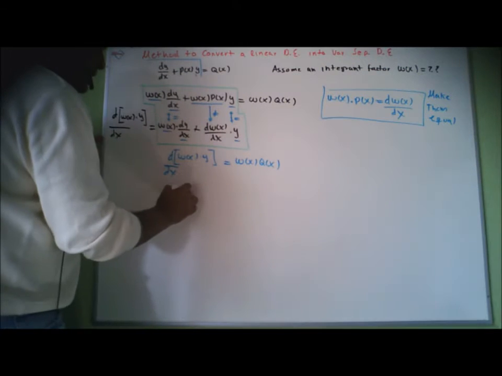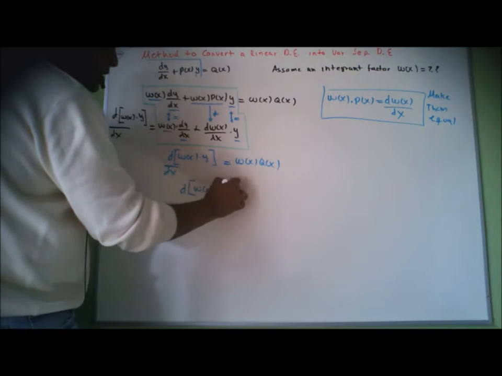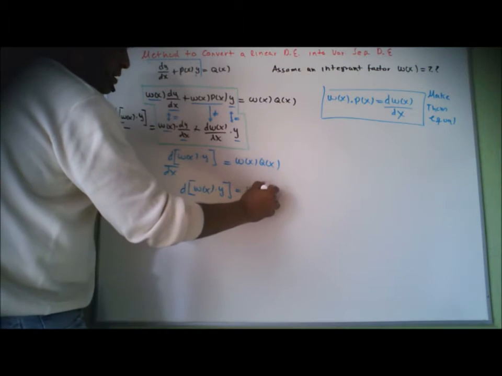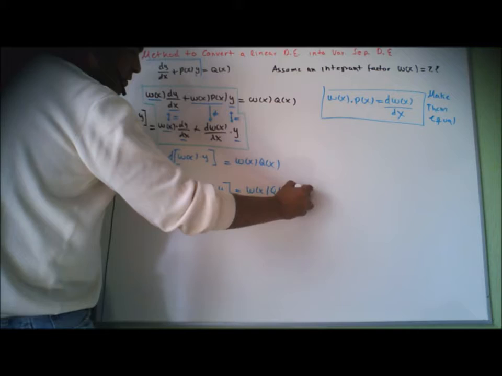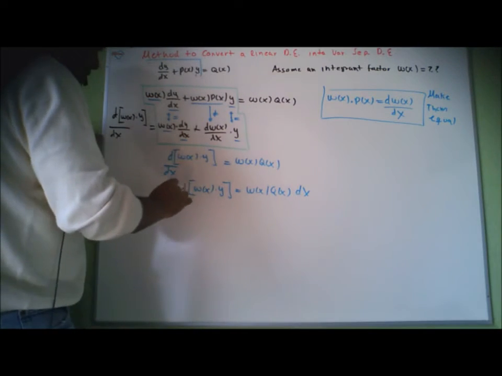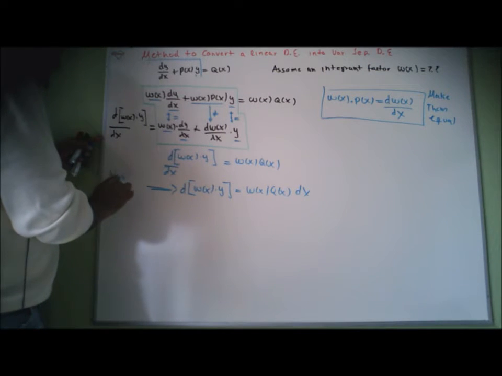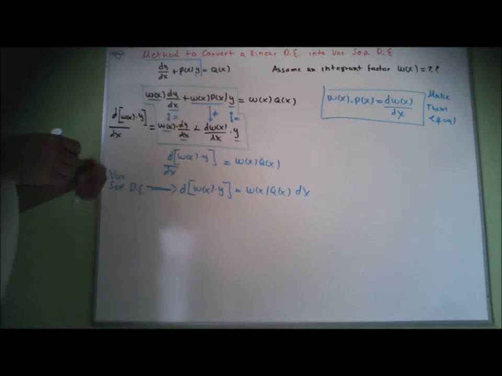And what happens here is that the differential of w of x times y equals w of x, q of x, differential of x. Just pass the differential of x to the other side. Now, what happens here is that you have a variable separable differential equation. Alright? And then you can solve it.